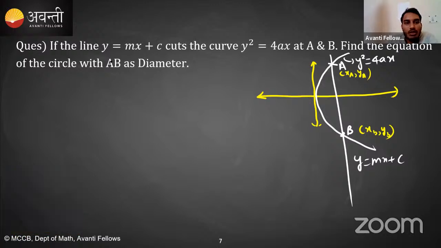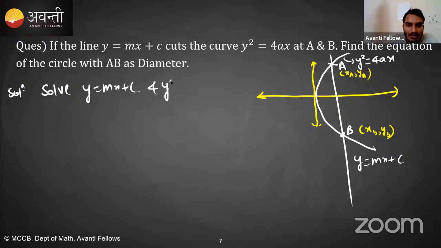If I solve this line and curve, I should be getting these two points. So solve y is equal to mx plus c and y square is equal to 4ax. How would you solve it? Put the value of y in this equation.